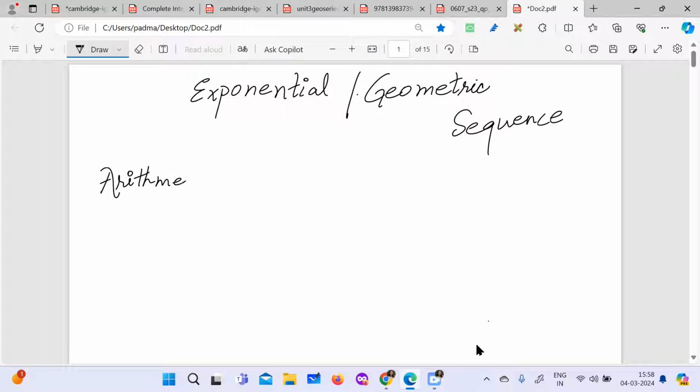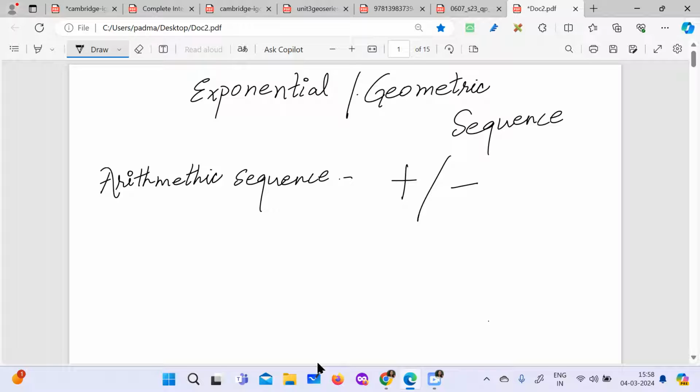You remember you have done linear sequences, quadratic sequences, and cubic sequences, right? All of those belong to arithmetic sequences. In an arithmetic sequence, we get each term by adding or subtracting. This is the main thing you have to remember.